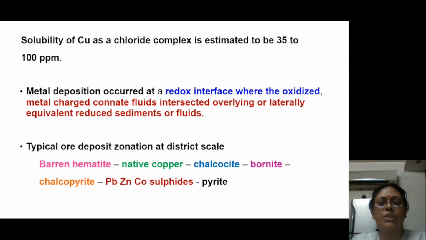Typical ore deposit zonation at district scale is like this: barren hematite, then native copper, followed by chalcocite, bornite, chalcopyrite, lead, zinc, cobalt sulfides, and then pyrite. Hematite represents oxidizing condition, then native copper, the highest percentage of copper precipitates first, followed by other minerals.